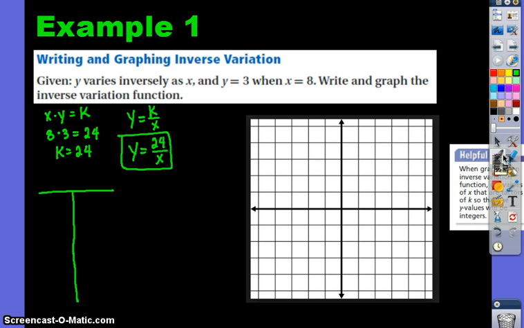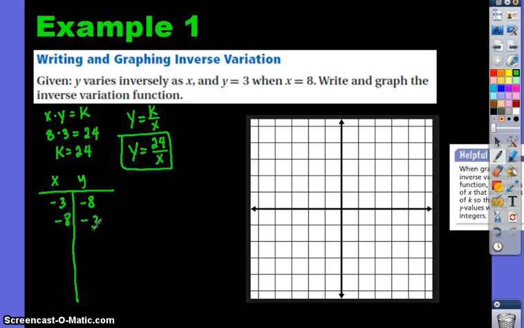So for instance, let's pick a number for x and y. Let's pick -3. When I plug -3 into this equation, I get back out a -8. When I plug in -8, I get -3 back out.